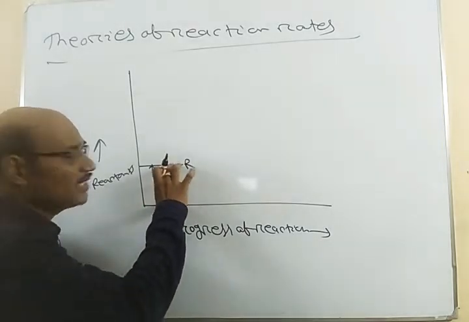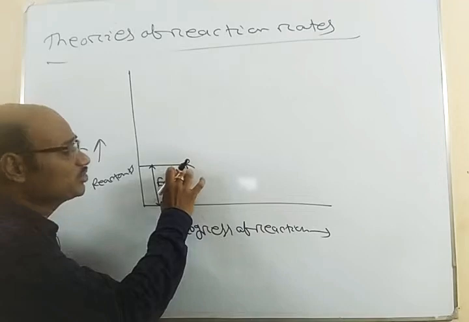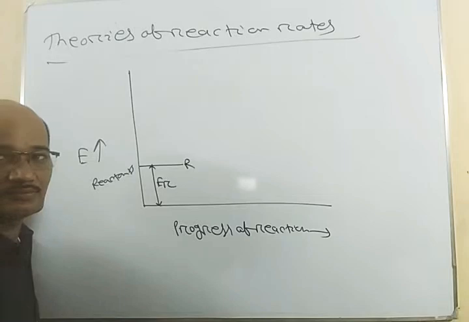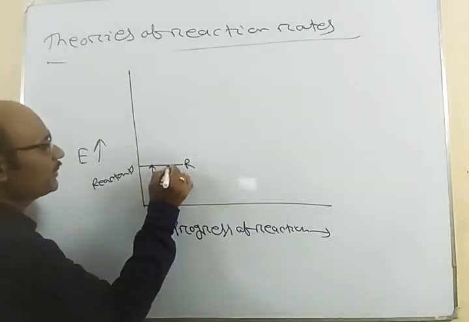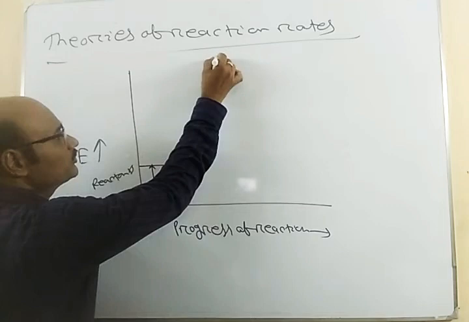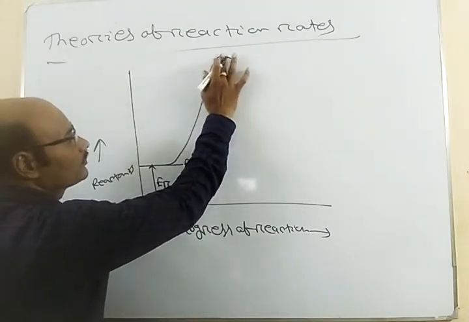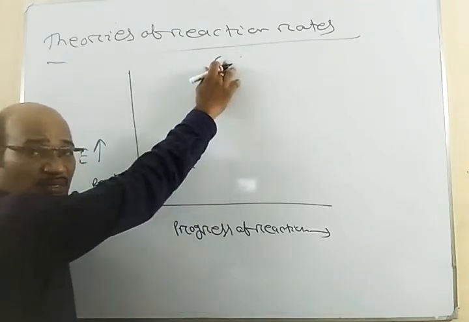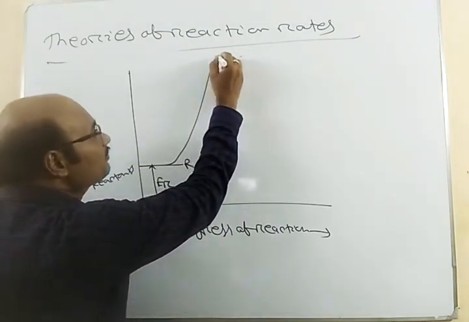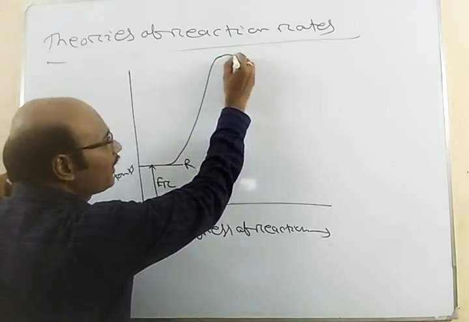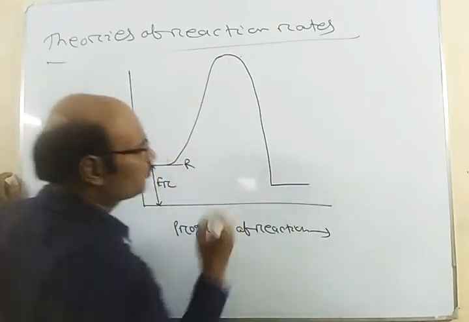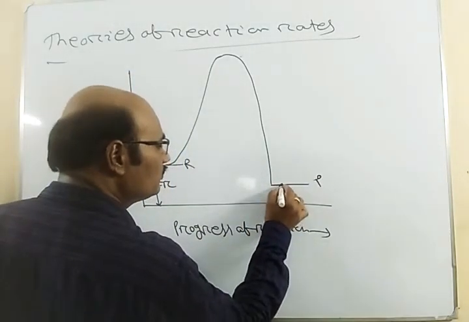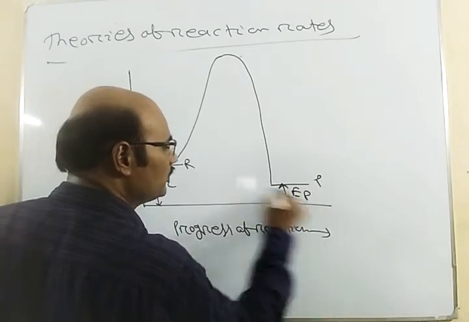And at such an amount of energy, the reacting molecules are not able to react to give the product. So these molecules must possess a minimum energy, suppose this level. When the molecules reach this level of energy, called the minimum energy, then the reaction will occur and finally the product will come and we will get the product P. This is called EP.